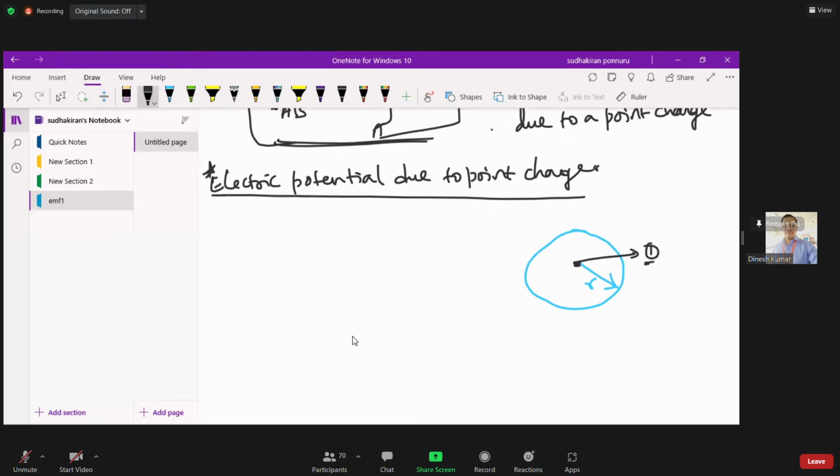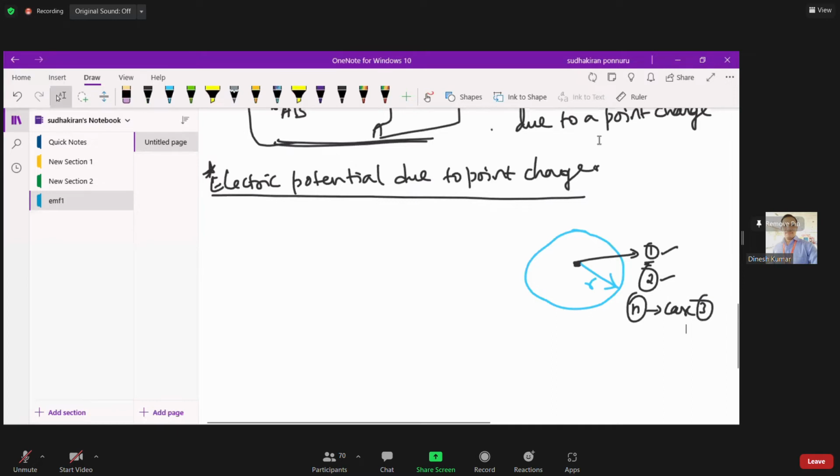If the point charge is not located at origin, we are going to treat it as case 2, and we are going to apply the concept of case 1 and case 2 for n number of point charges, that will be case 3. For each case we are going to have the derivation separately, but if they ask the question for your external examination, that is, obtain the electric potential due to the point charge, then you need to write all the 3 cases, that is case 1, case 2 and case 3.